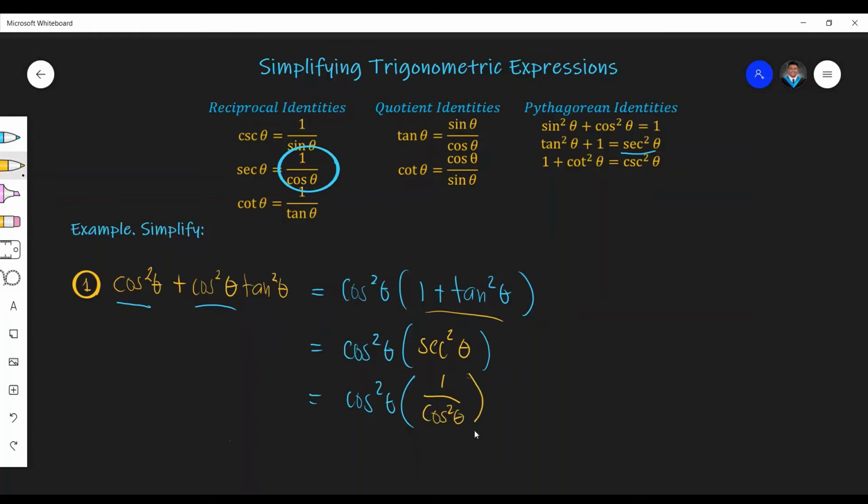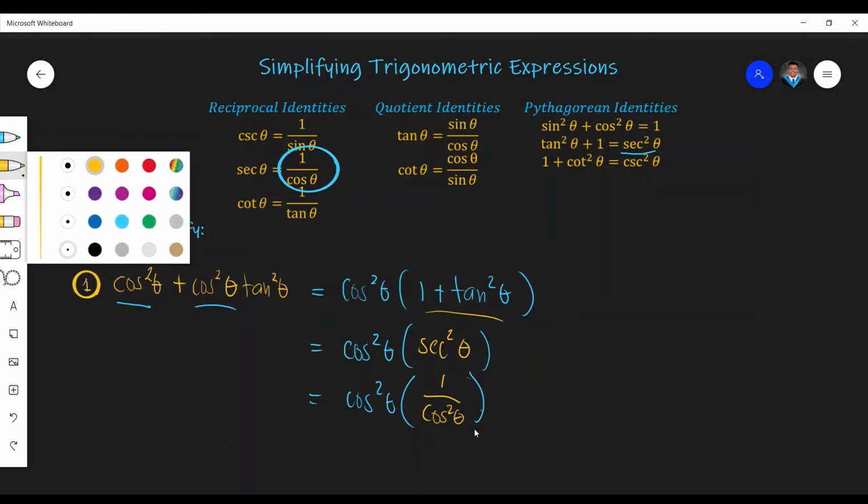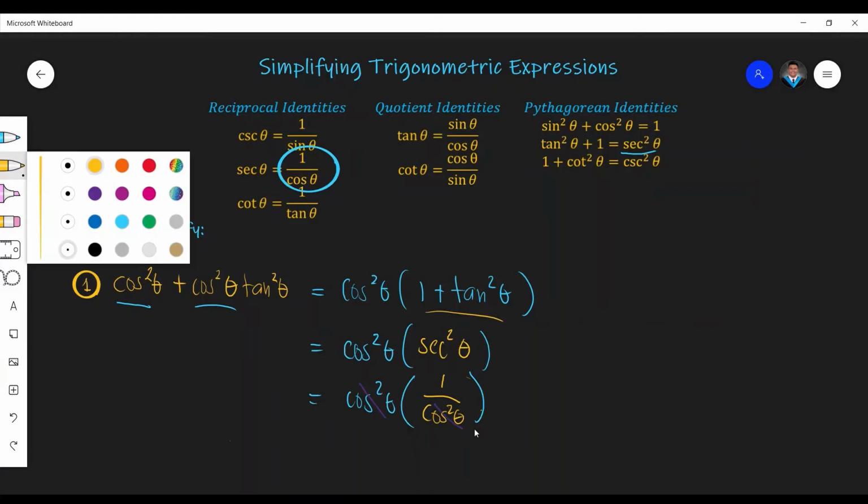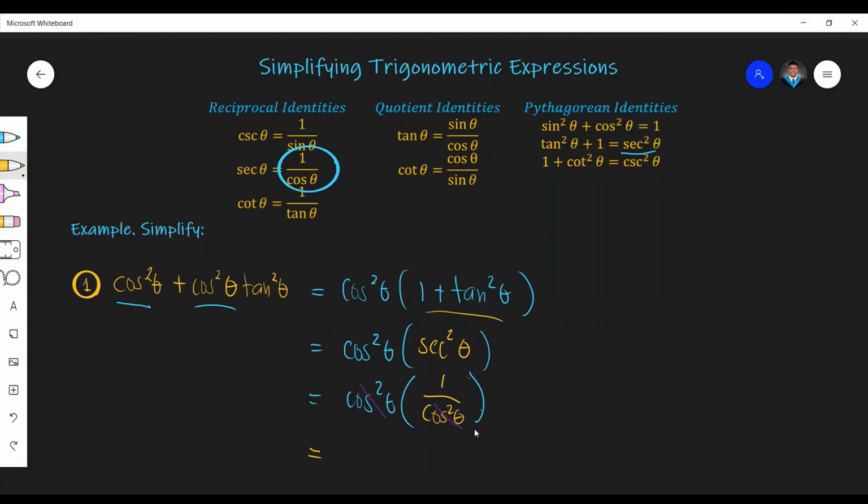So, again, ang ginamit lang natin dyan is the reciprocal identity of secant square theta, which is 1 over cosine square theta. Now, kung mapapansin natin dito, meron tayong ma-cancelled out. Okay? Kung makikita natin. So, that is, of course, ma-cancel out natin si cosine square. So, ang mangyari, resulting expression na lang natin, which is the simplified form, is just equal to 1.